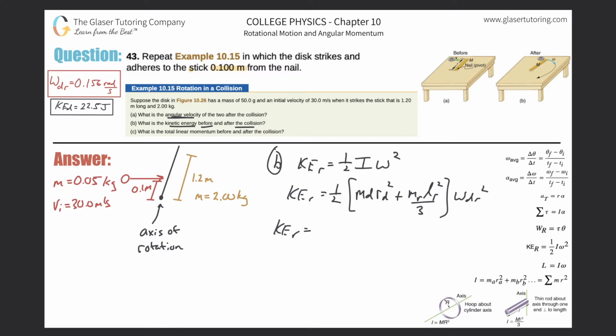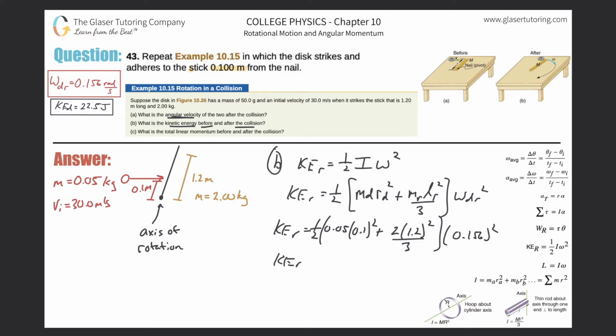So KER is 1/2. The mass of the disk was 0.05. The radius was 0.1, that's squared, plus the mass of the rod, which was 2 kilograms, times 1.2, now this is squared, all divided by 3. Then multiply it by 0.156 squared, and let's see what we get.